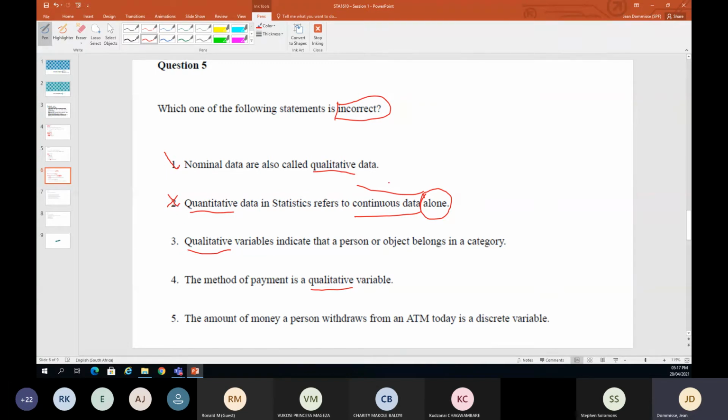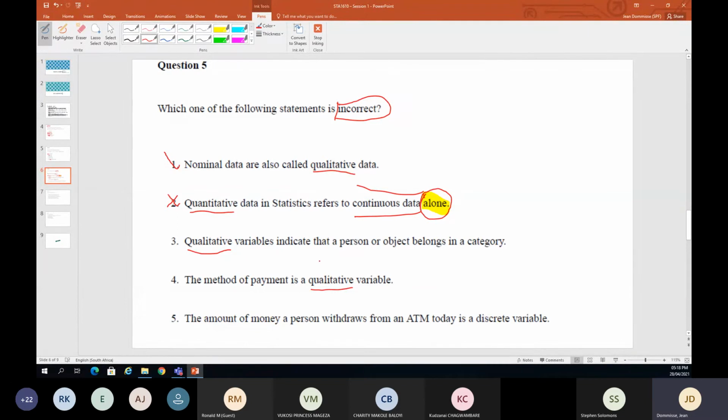That's why I wanted to highlight that word alone. If alone was not in the sentence, perfect, then it would have been correct. So by just adding one word, it made the statement incorrect.